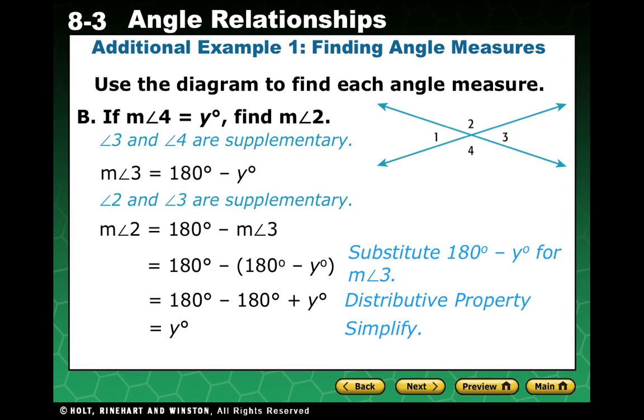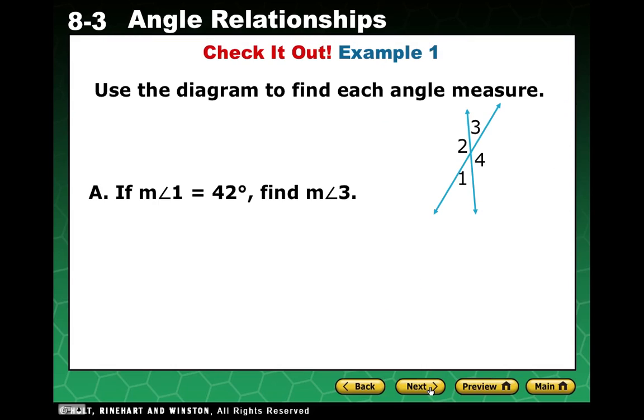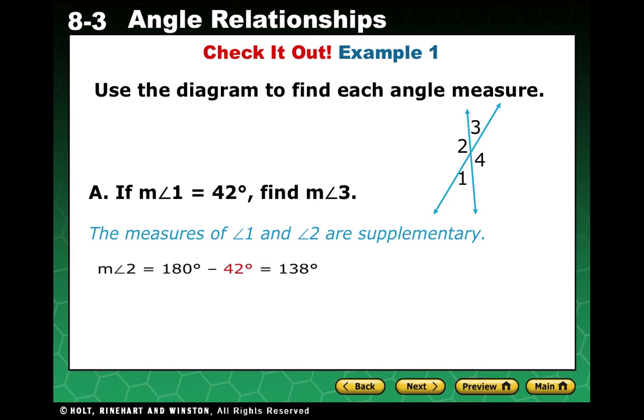Okay, so we don't need to do all of this work. We already figured this out in the last problem. Okay, if the measure of angle 1 is 42 degrees, we know that the measure of angle 3 is also 42 degrees. Because these two added together are supplementary angles, they'll be 180 degrees.